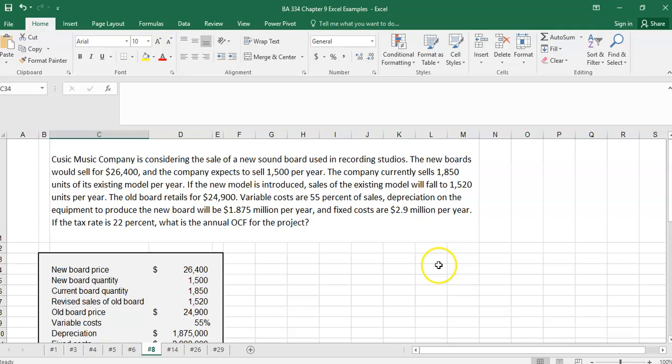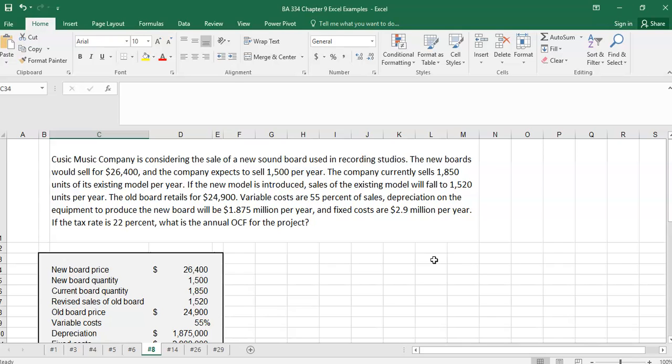In this example, we're looking at taking on a new product line. We are a company that sells soundboards, and we're going to sell a new soundboard. We expect to sell 1,500 a year at $26,400. We currently sell 1,850 units of our existing model. If we introduce a new model, the demand for our old model is going to decrease.